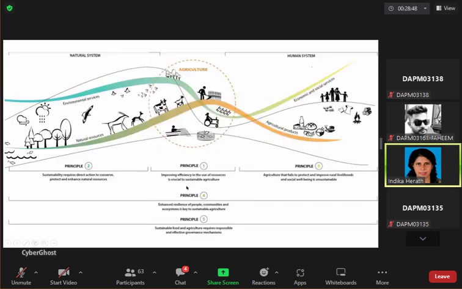So when we talk about the interaction of agriculture compared to the natural systems, the most commonly used best example for a natural system is a forest. If you go to a forest, you can see that there are a number of plants, right? Though all these plants are of different kinds.